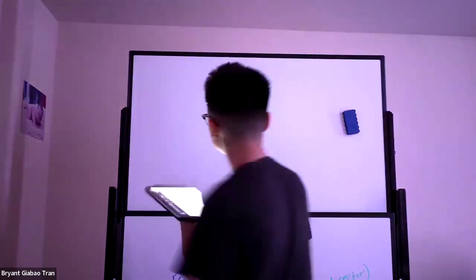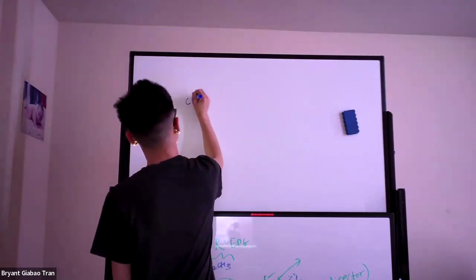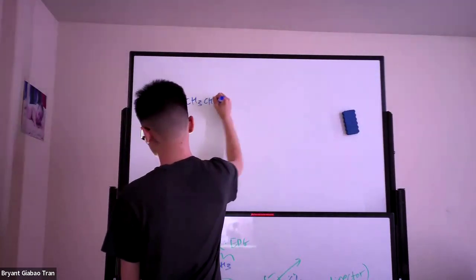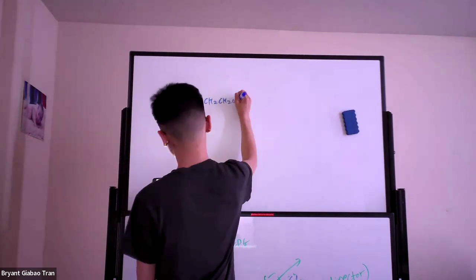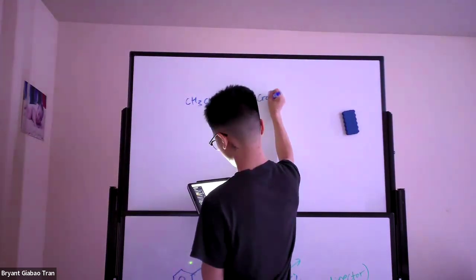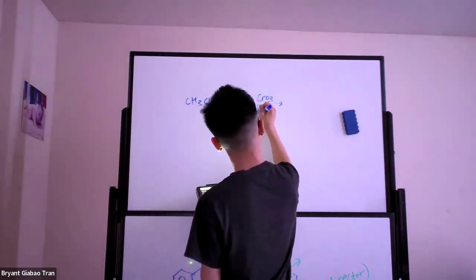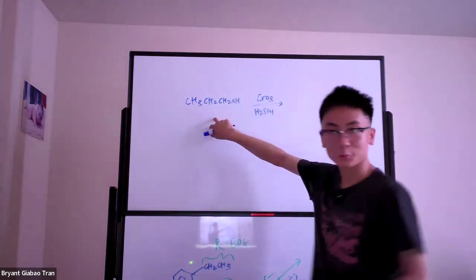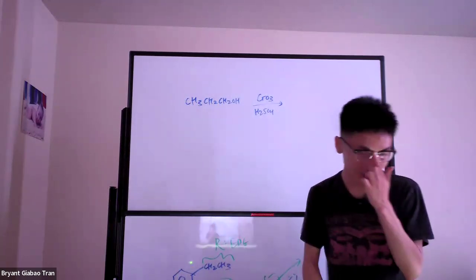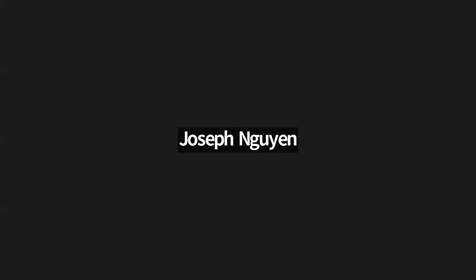We have CH3, CH2, CH2, OH, CrO3, H2SO4. So what would this look like in bond line formula? 1, 2, 3.